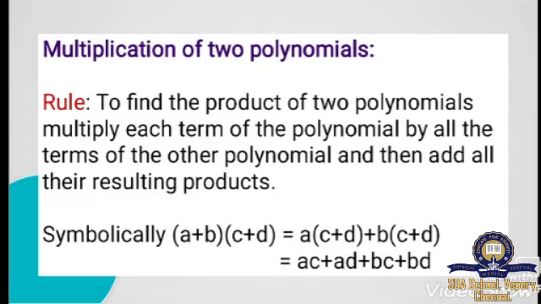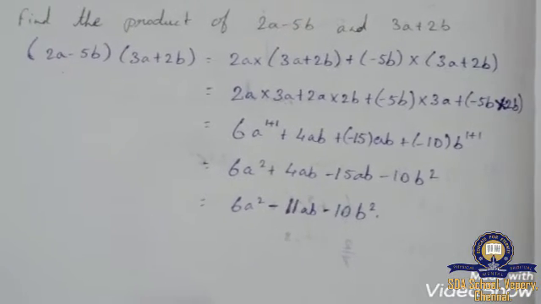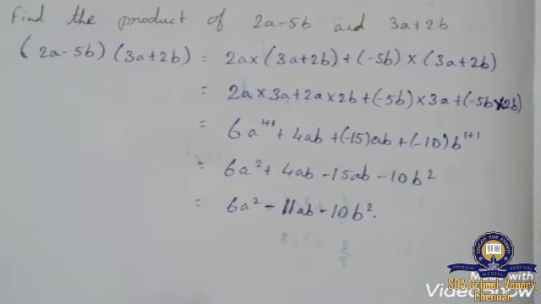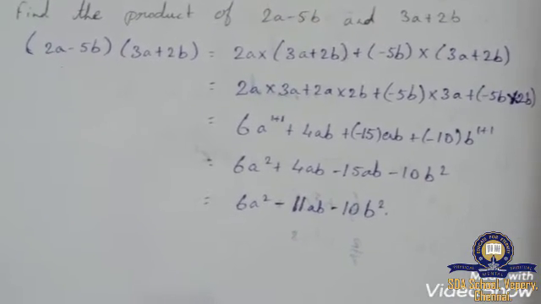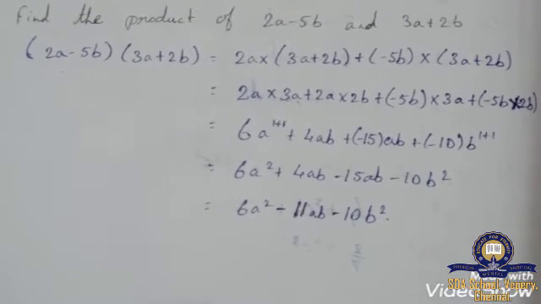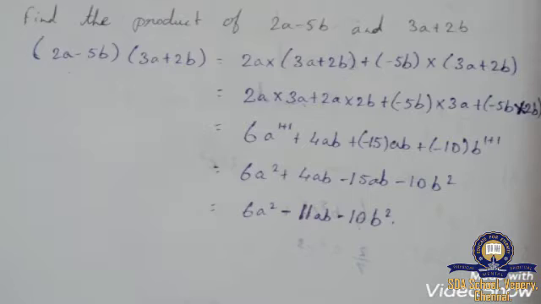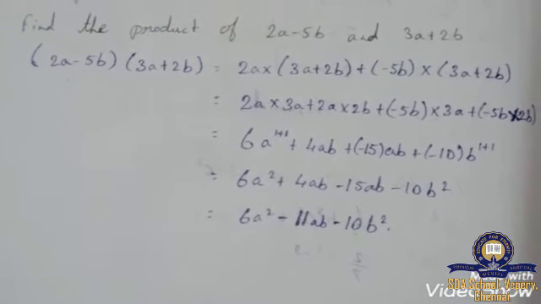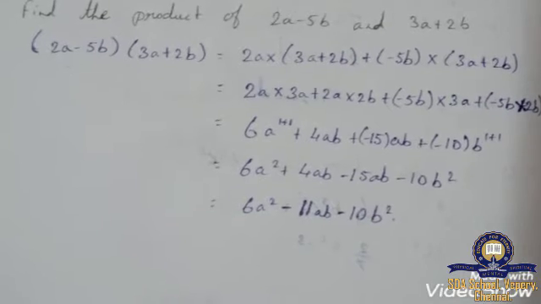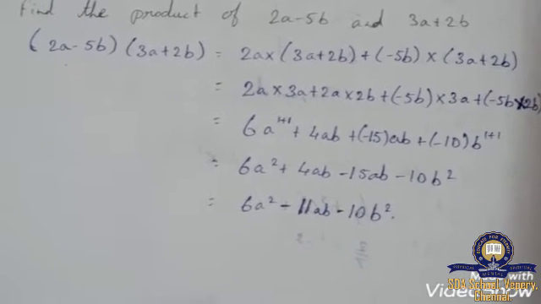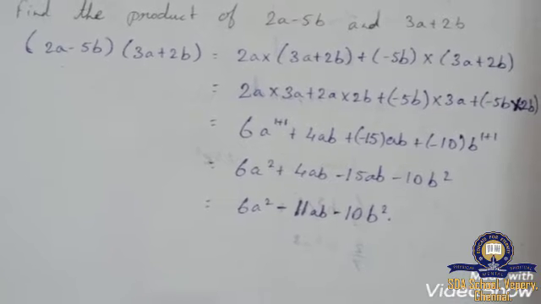Okay, let's see with an example. In this question, they have given: find the product of 2a minus 5b and 3a plus 2b. In the next step, we're going to multiply these two terms. According to this rule, first we take 2a into 3a plus 2b, plus minus 5b into 3a plus 2b.